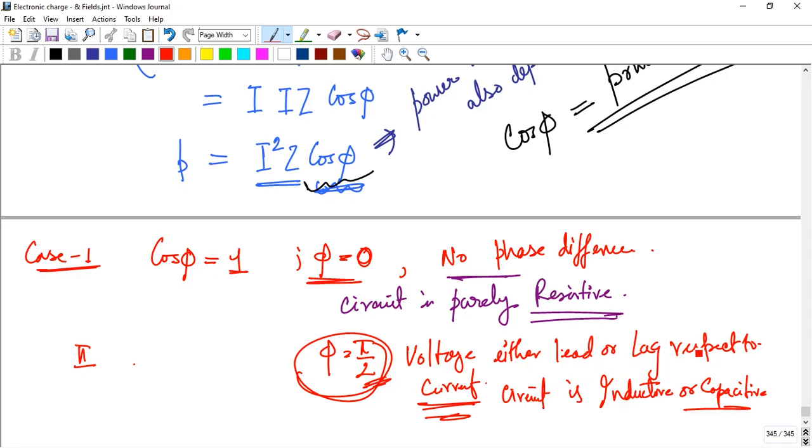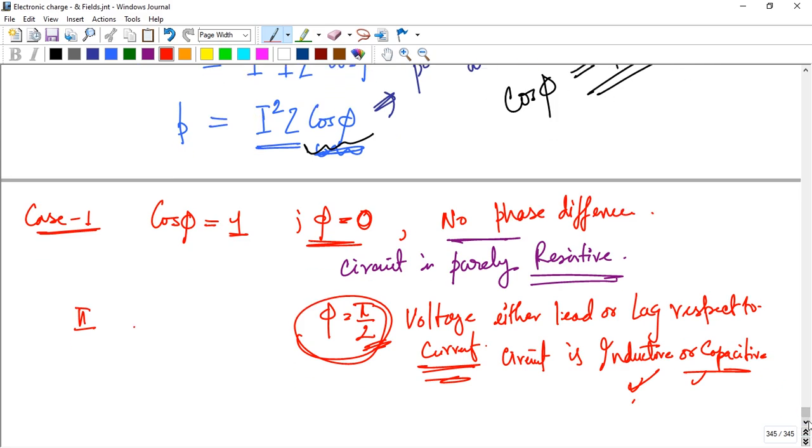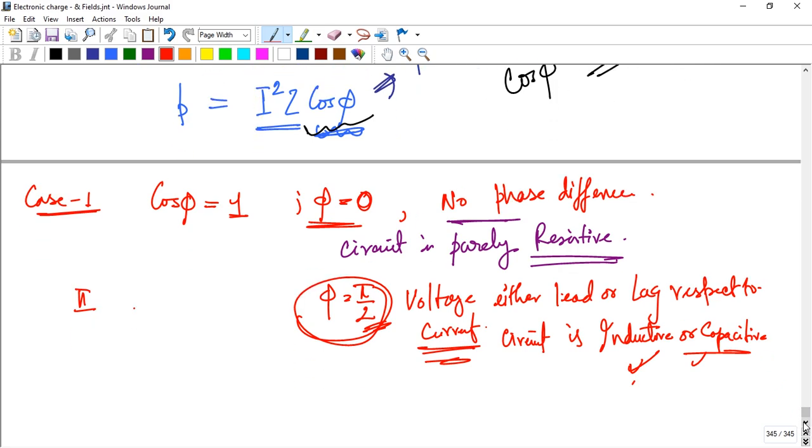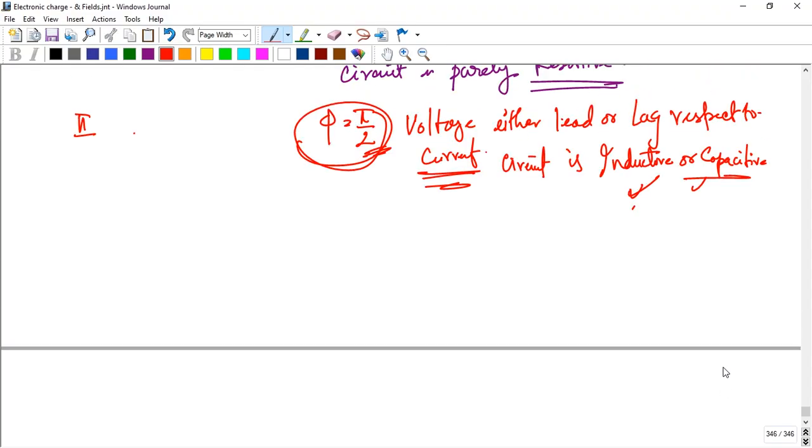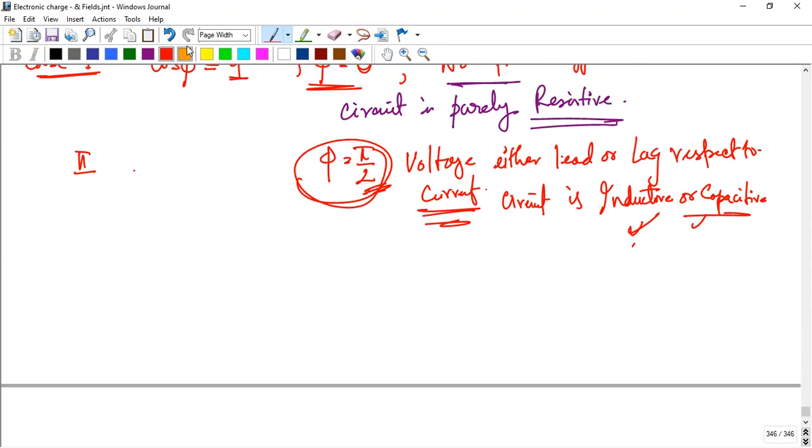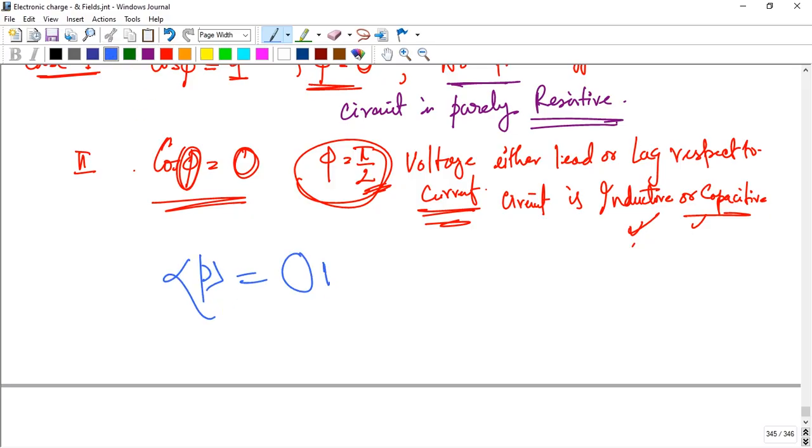Now when phi is pi by 2, cos pi by 2 means cos 90, which is 0. If cos 90 is 0, we see that the average power is 0 watt. So power is 0 here.